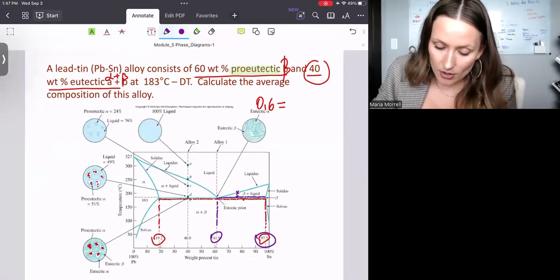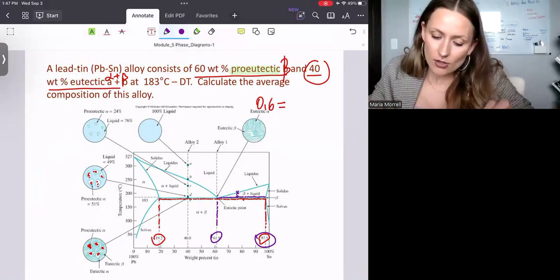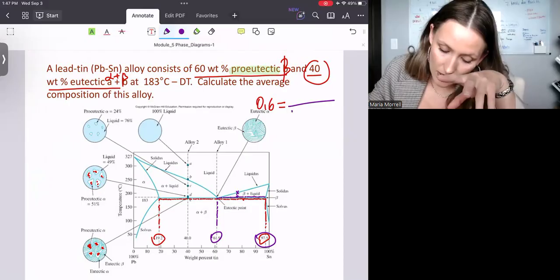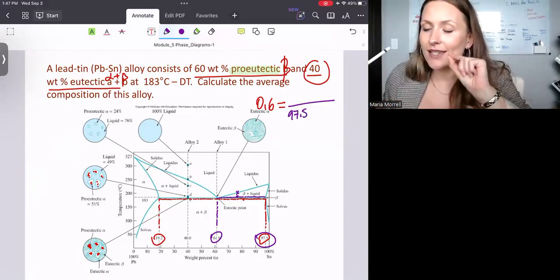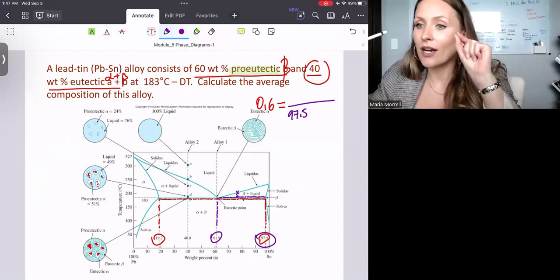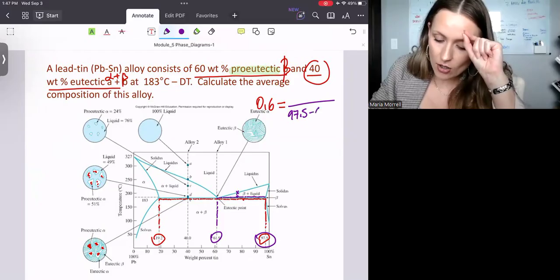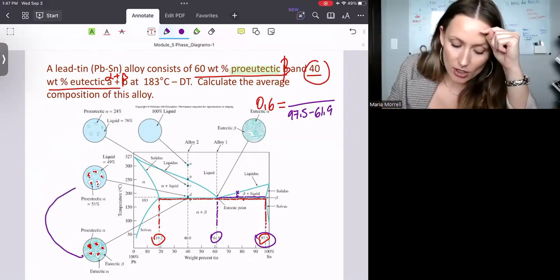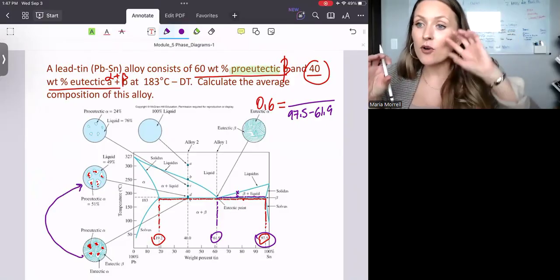So if I am to come up, and I'll keep the same color so you guys understand where things come from, that 0.6 is going to be in the denominator, and it is going to be the new tie line that is in the envelope that is above, right? It's not below 183. So hopefully you guys are on the same page with me about why I went up there. I went from here to up here because these pepperoni slices have formed earlier.